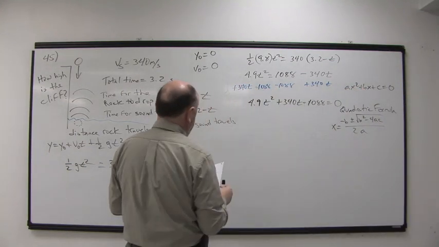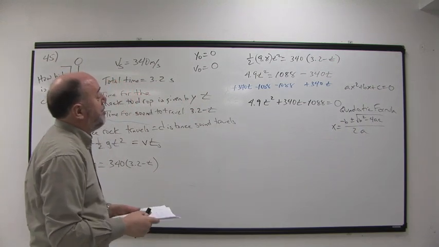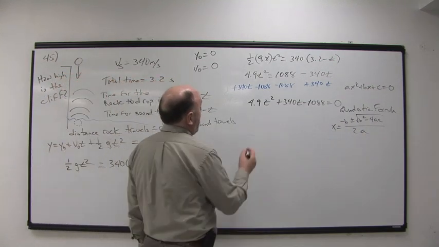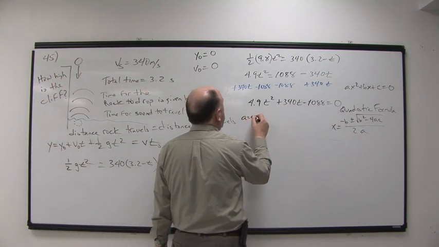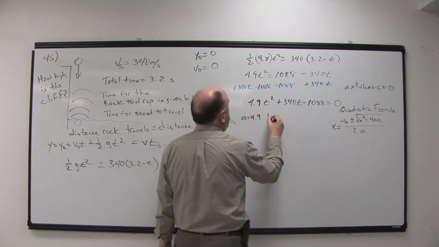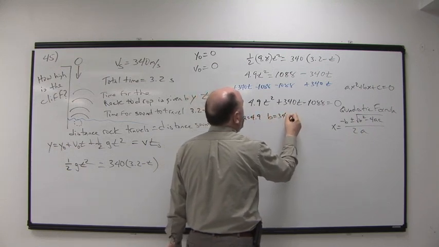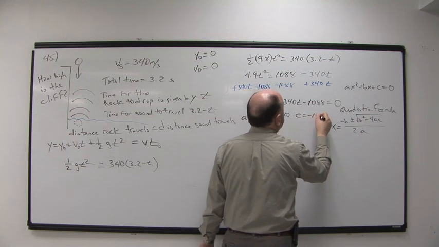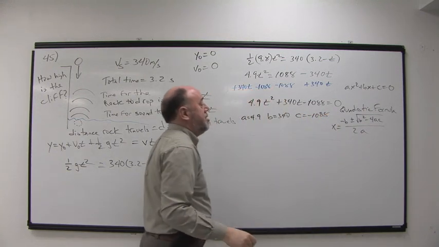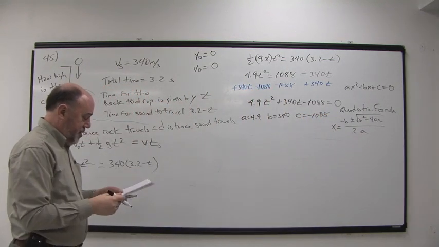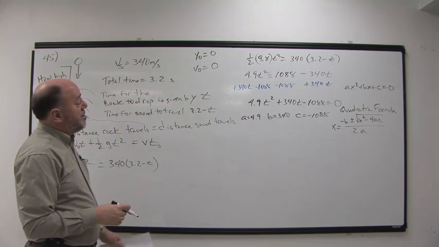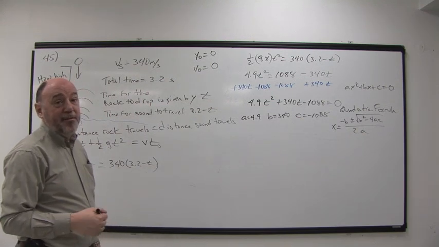In terms of our particular problem, A is 4.9, B is 340, and C is negative 1088.